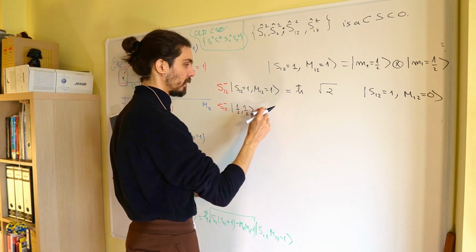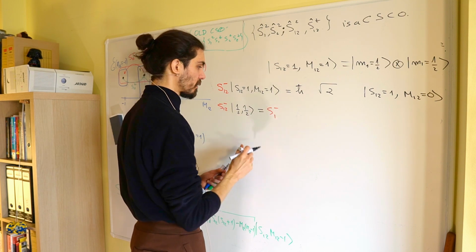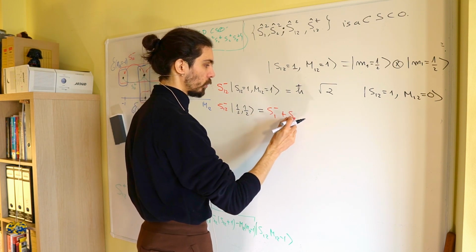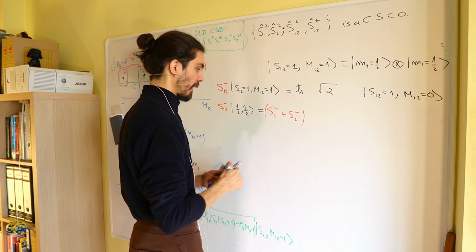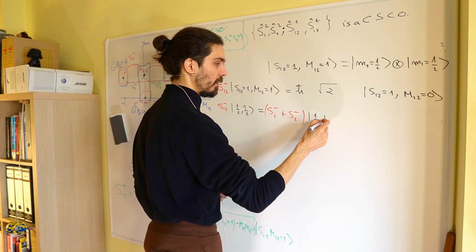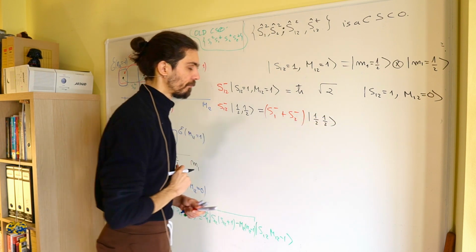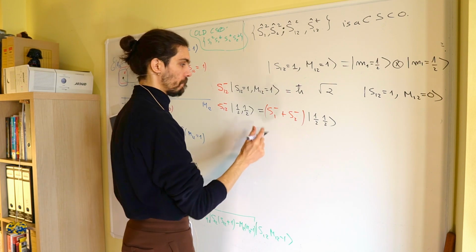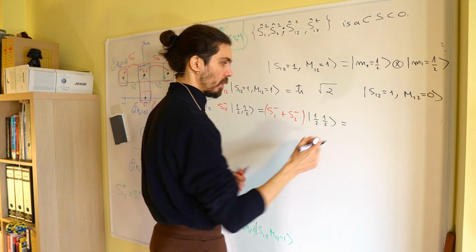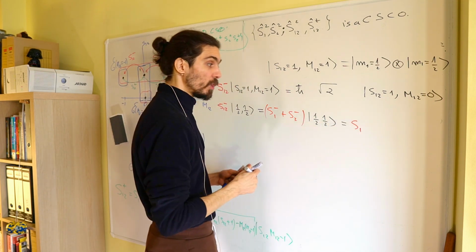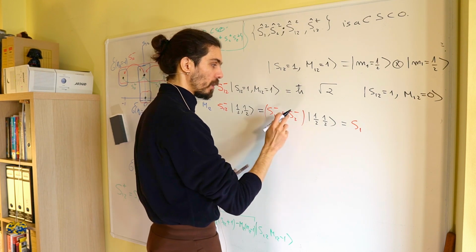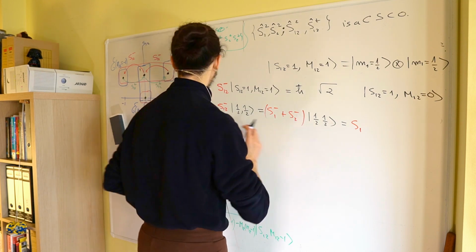This thing is now S1 minus plus S2 minus, acting on this cat, 1f and 1f. In turn, you just use the distributive property: this one acts on this one, plus this one acting on that one.